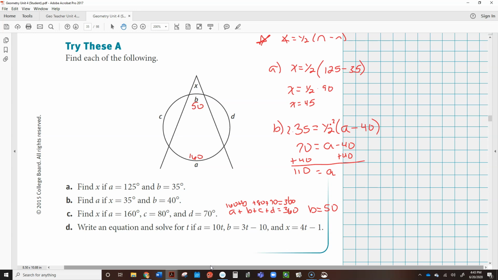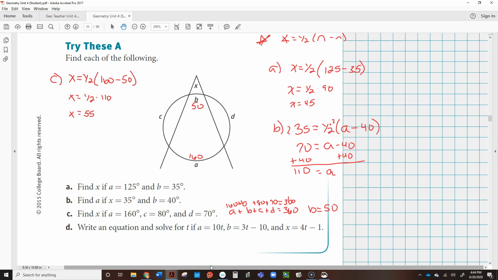So for part C, the angle, which is X, is equal to 1/2 the big arc, which is 160 in this case, minus the little arc, which is 50. 160 minus 50 is 110, and half of 110 is 55. So the measure of that angle is 55 degrees.